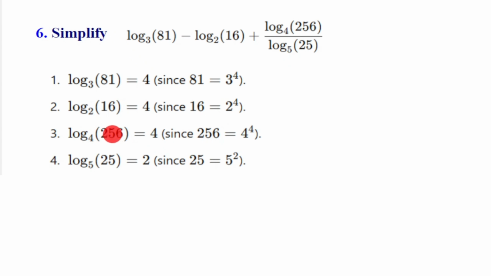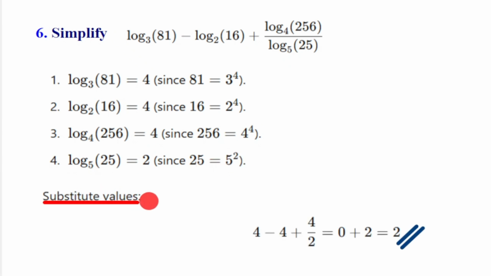Log base 4 of 256 equals 4, since 256 is 4 to the power of 4. Log base 5 of 25 equals 2, since 25 equals 5 to the power of 2. Then substitute the values, we get 4 minus 4 plus 4 over 2, which is 0 plus 2, so the answer is 2.